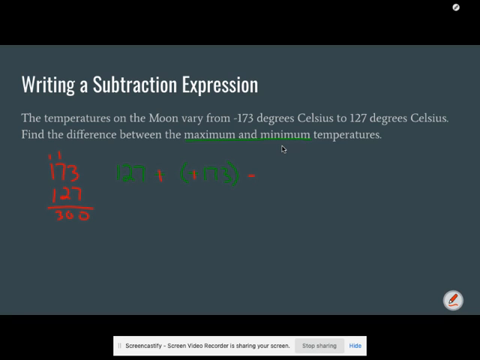So there's a difference of 300 degrees Celsius, which is pretty crazy when you think about the highest temperature it could be on the moon, and the lowest temperature it would be on the moon. So use this rule, keep, change, flip every time you see subtracting integer problems.